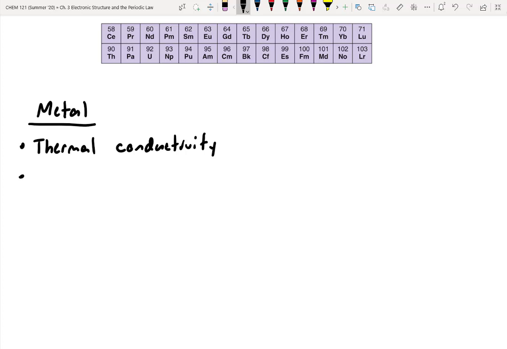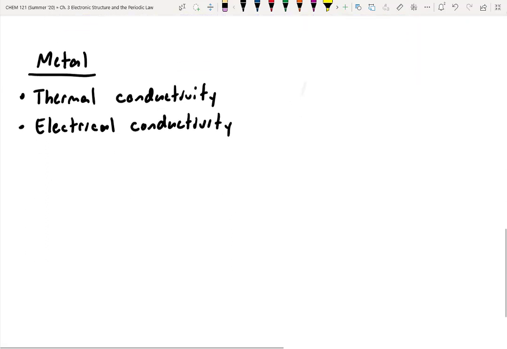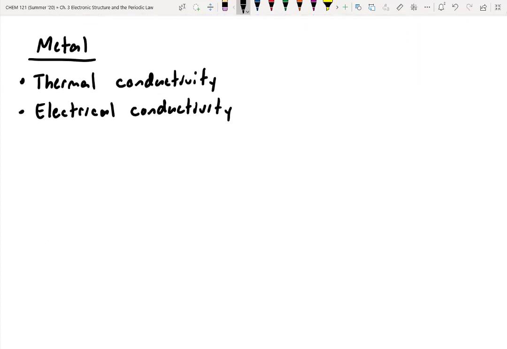All right. They also have good electrical conductivity. So if you think about the wires in your house, they're made of copper. Copper in this case is a nice metal. It's great at conducting electricity. All right. And then the next one is a different sort of word.